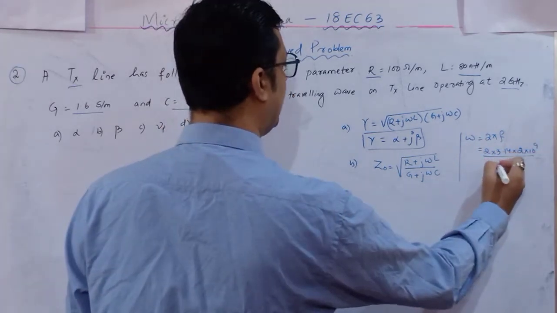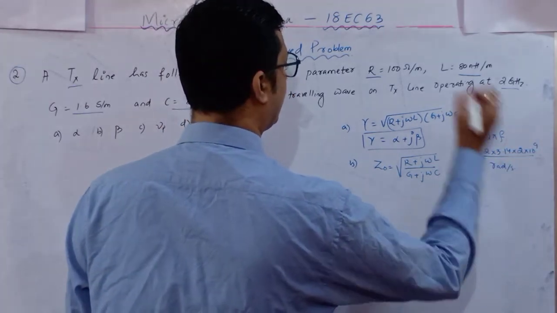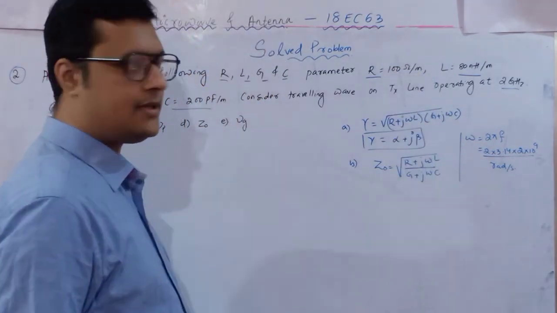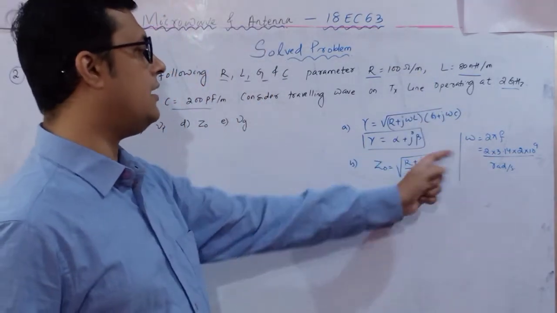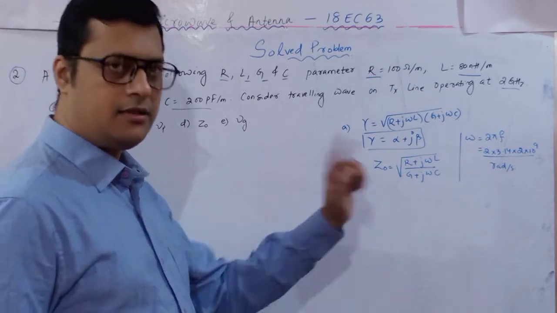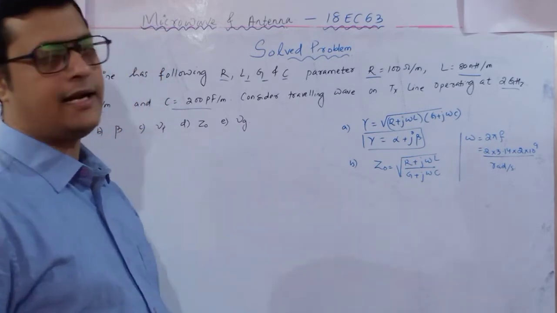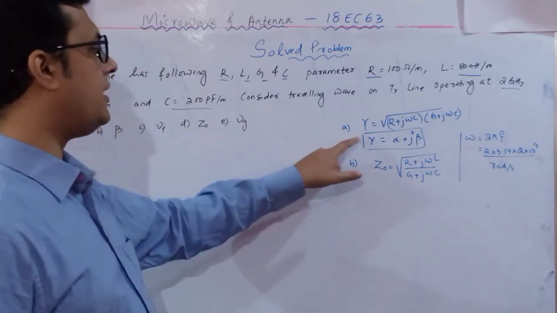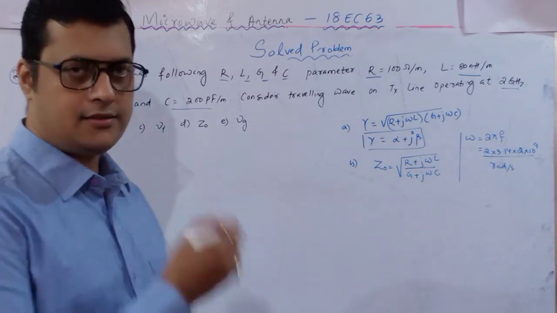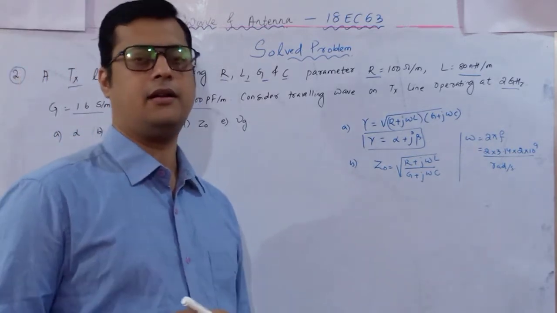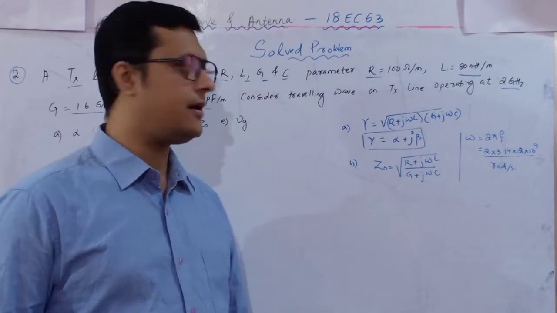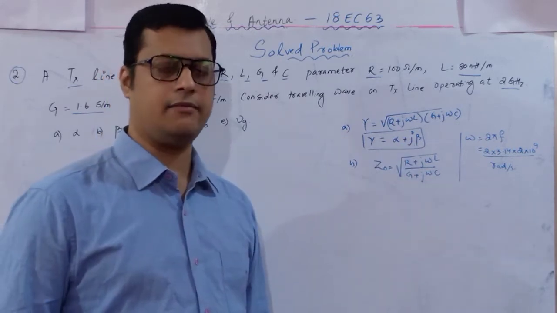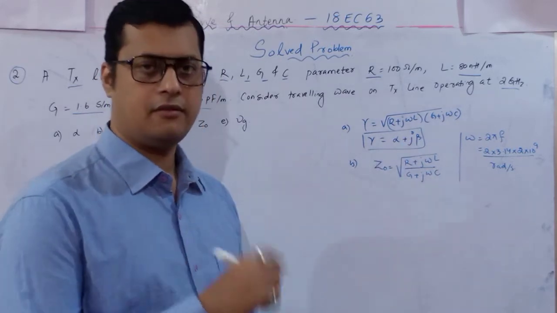This is radian per second, omega, angular frequency. So whatever value you get, substitute here, solve, and you will get your characteristic impedance. Similarly, the propagation constant, if you solve it, is a complex term. You will get a real part and an imaginary part. The real part is called the attenuation constant and the imaginary part is called our phase constant.